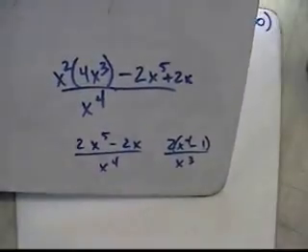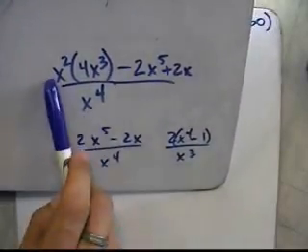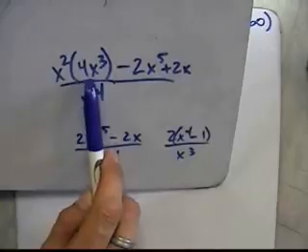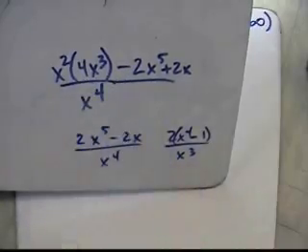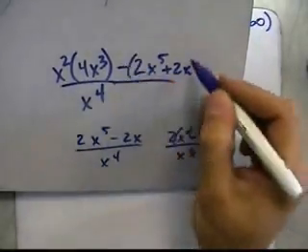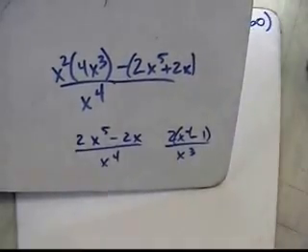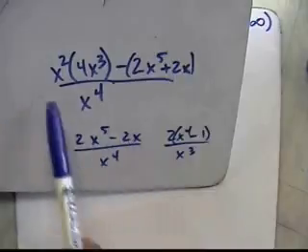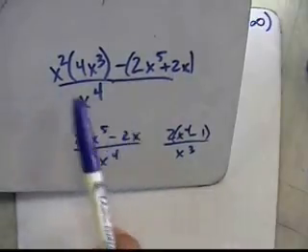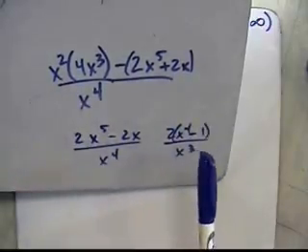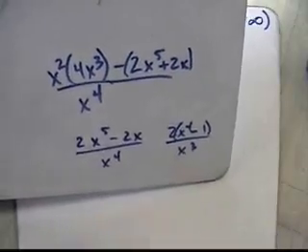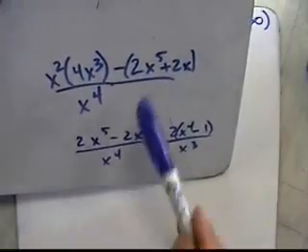Quotient rule. I squared the denominator and brought it up here. The derivative of the numerator was 4x cubed. Minus, I should put parentheses here. Sorry, I did it in my brain. Then I did the derivative of the denominator, which was x squared, so 2x. So I multiplied 2x by the numerator, 2x times x squared plus 1, and that gave me this.